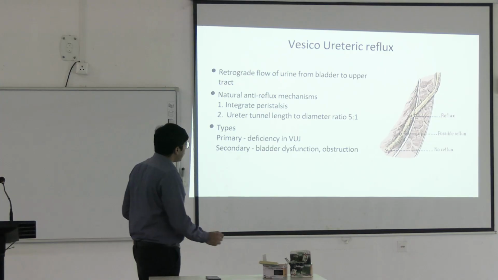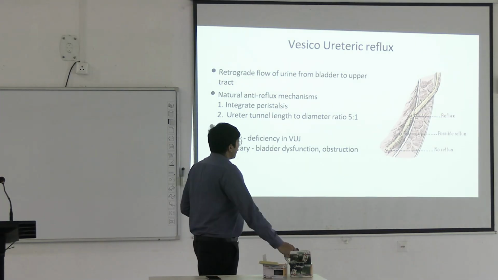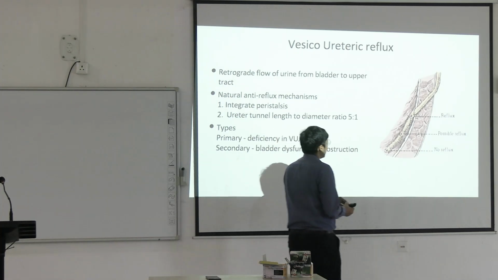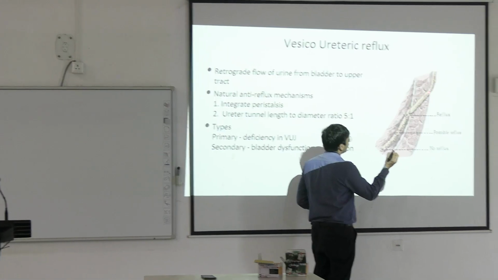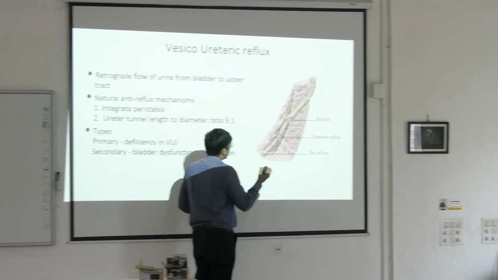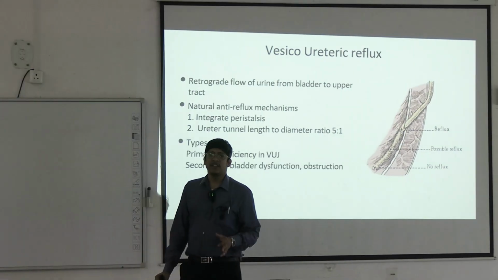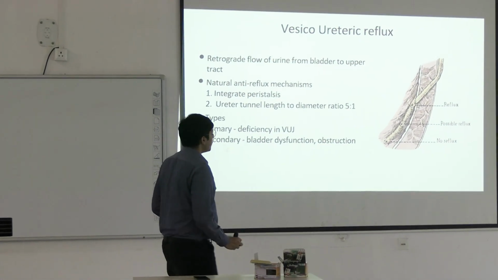So, how does this intramural part of the ureter work? It has been seen that the ratio of the length of this intramural part to the diameter of the ureter is usually 5:1 in a normal human being. What does this do?